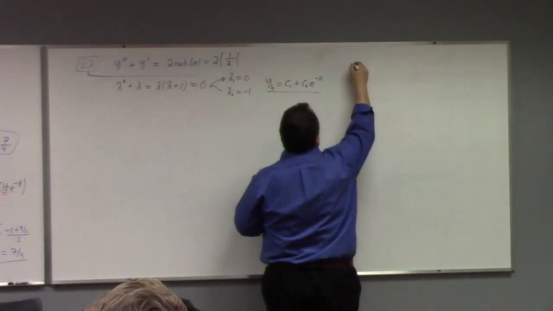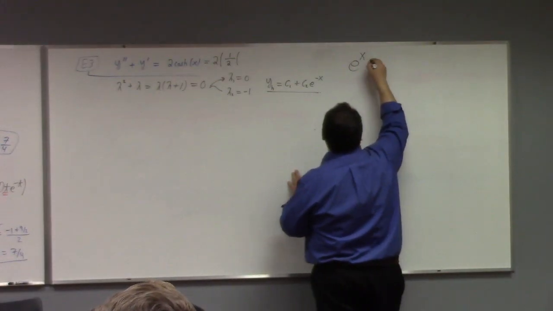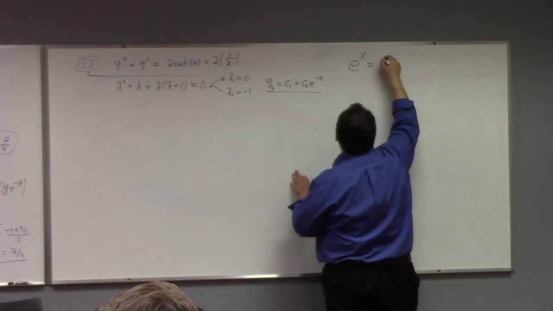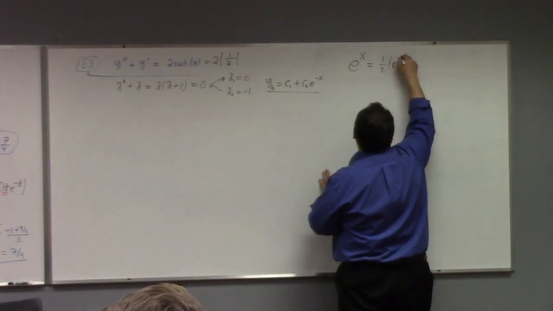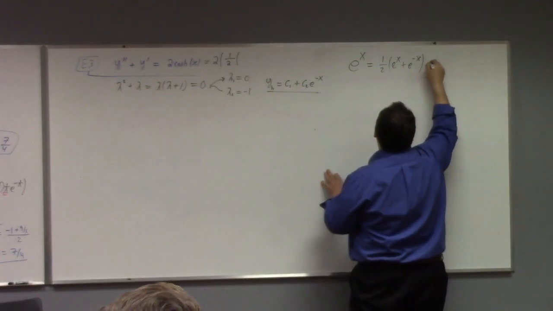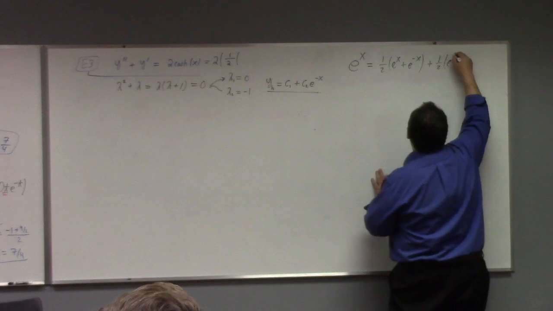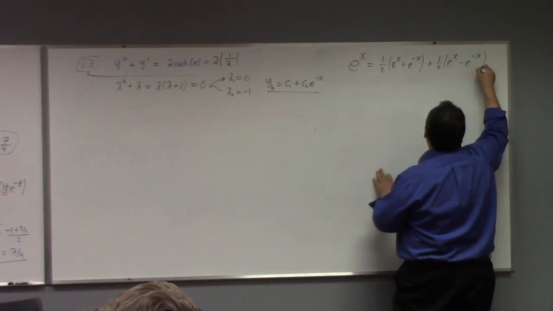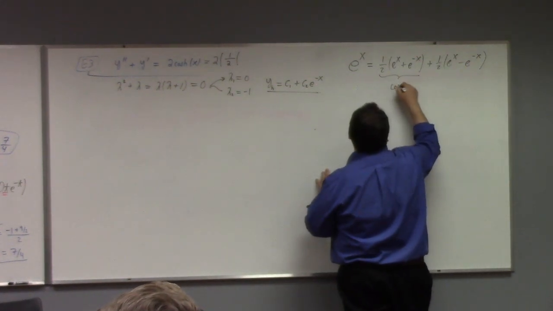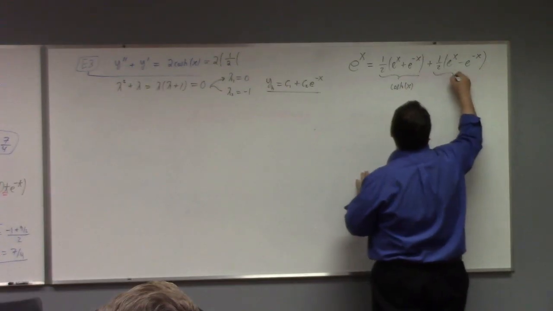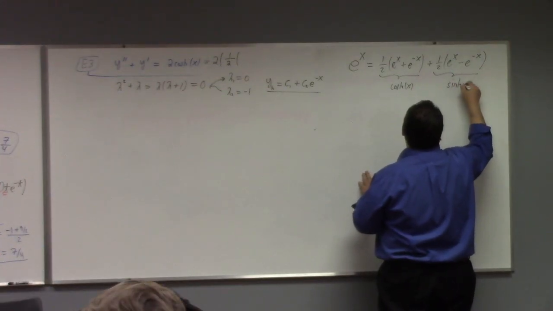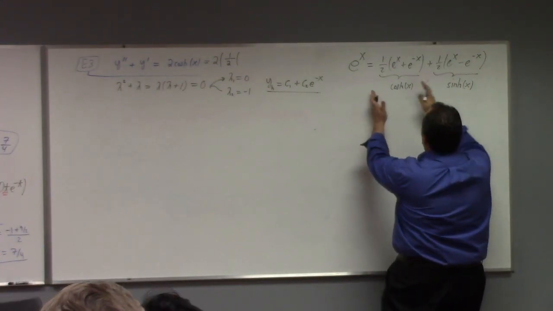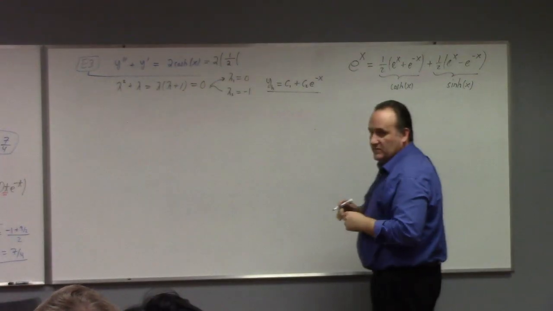Right, I mean, you guys know that cosh of x we can rewrite as 1/2 e to the x plus e to the minus x, right? And sinh is 1/2 e to the x minus e to the minus x. In other words, this is cosh. This is sinh. Cosh and sinh are respectively the even and the odd part of the exponential function.